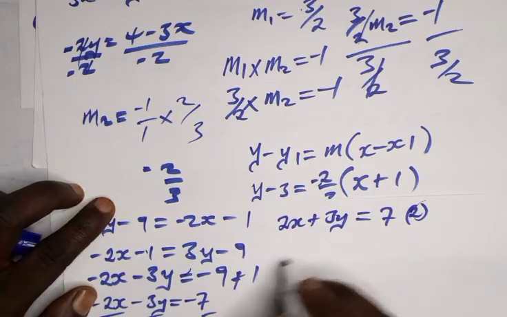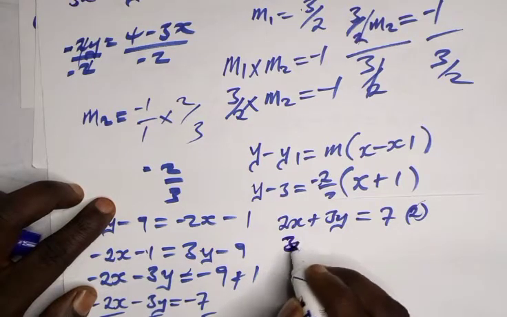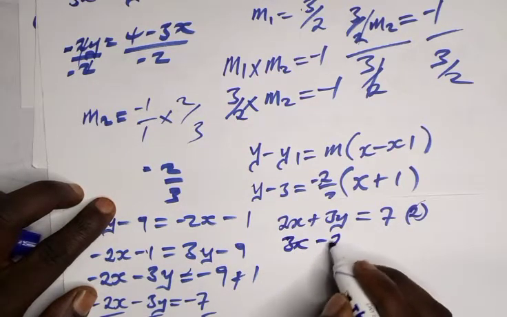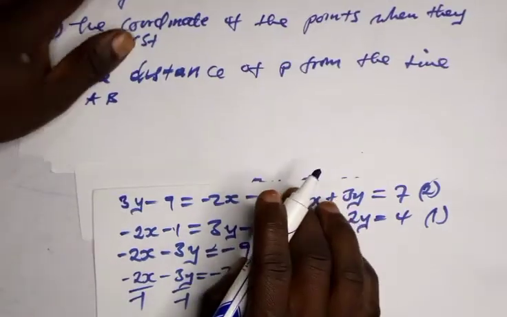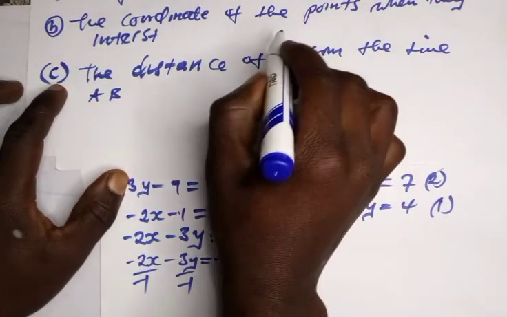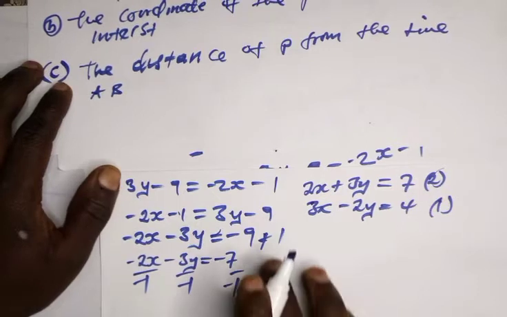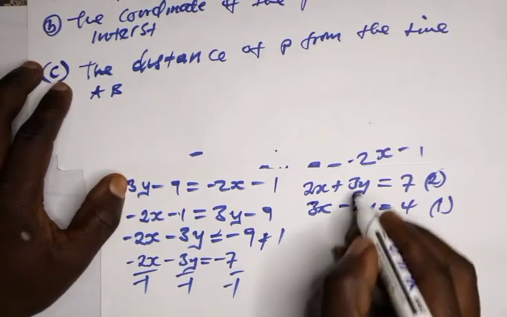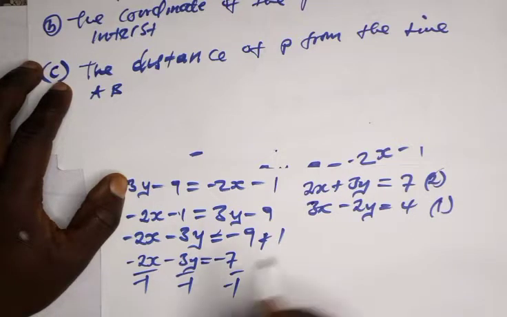So the first equation was 3x minus 2y equals 4, the first equation. Here we are asked to find the coordinate of the point when they intersect. So finding the coordinate when they intersect, we have to solve these equations simultaneously.